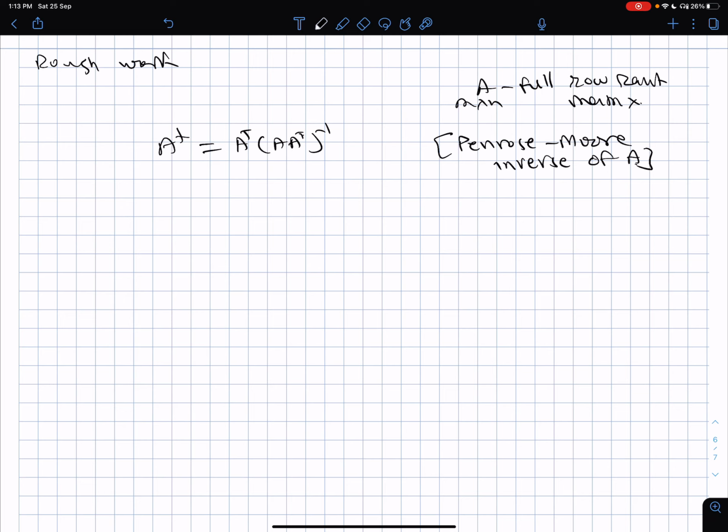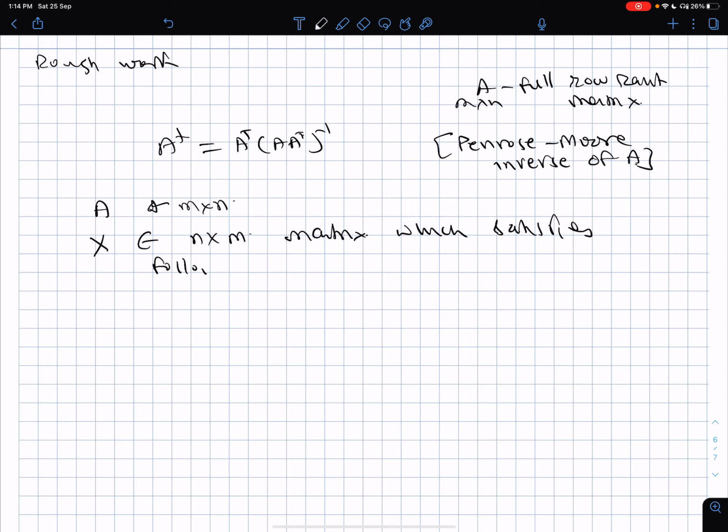Now, I don't know if I have said this earlier, so let me say it again. Let A be an M cross N matrix and X be an N cross M matrix which satisfies the following four conditions. And what are those conditions?